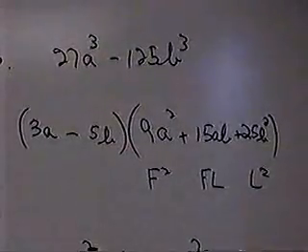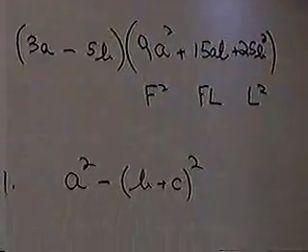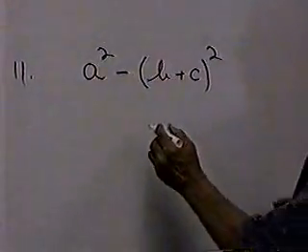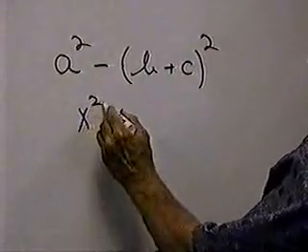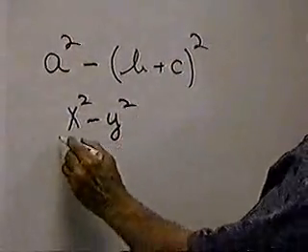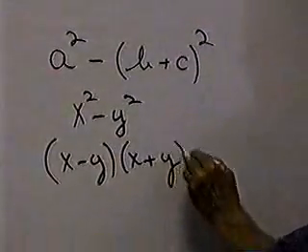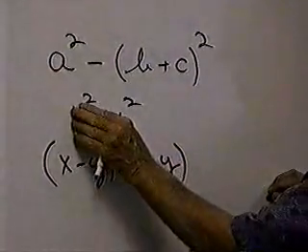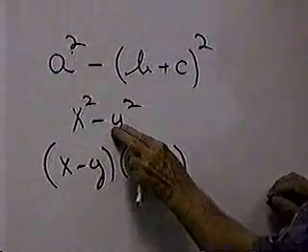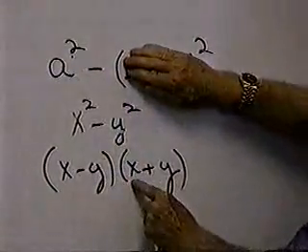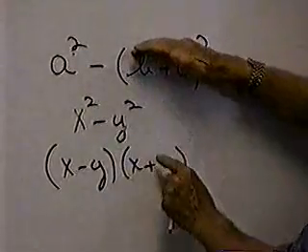Okay, here we go with the last one. Now, I'm going to put something down here, then I'm going to erase it before we do the correct one. If I gave you x squared minus y squared, then it would be x minus y and x plus y. If I have some object squared minus some object squared, then it's this object minus this object and this object plus this object.